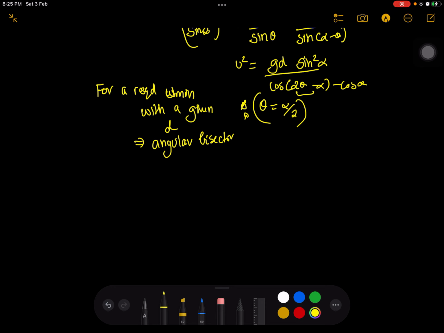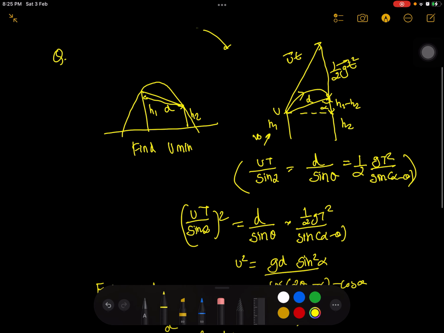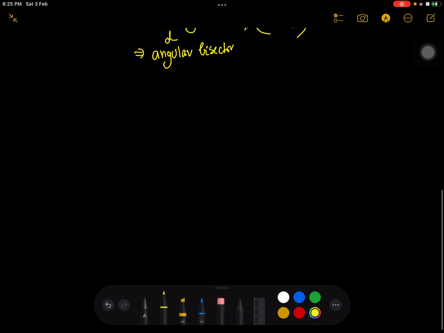Now let's look at a different type of question. Oh yeah, by the way, this is angle theta. Now this also works for range to be max.